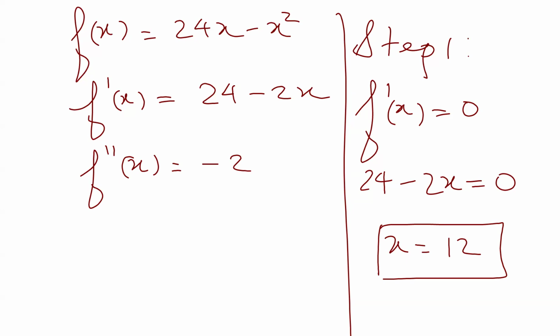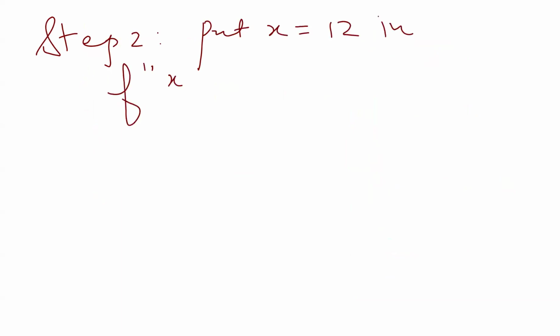So step 2. Put x equal to 12 in f double dash x. Now f double dash x, guys, is minus 2. Can we put x equal to 12 over here? Ideally, we cannot, since the right hand side does not have an x term.